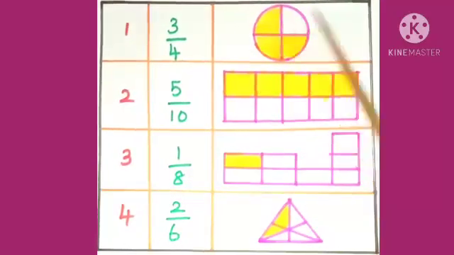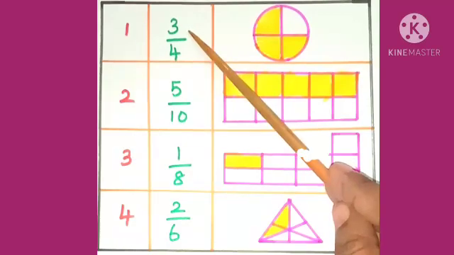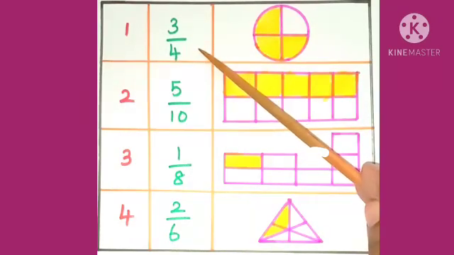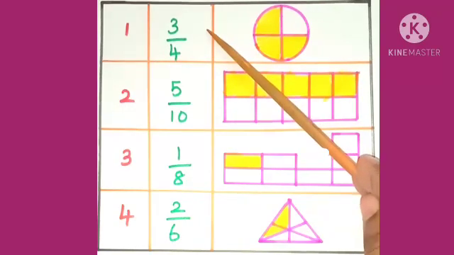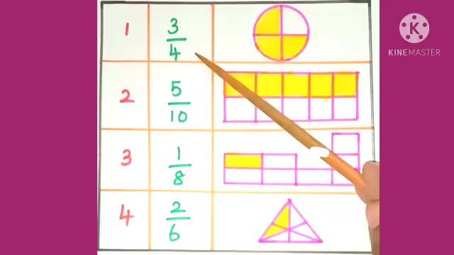Shade the figure according to the given fraction. 3 by 4. Children, we know that 3 represents the numerator and 4 represents the denominator. That is, the numerator represents the number of equal parts taken from a whole, and 4 is the total number of parts that make up a whole.